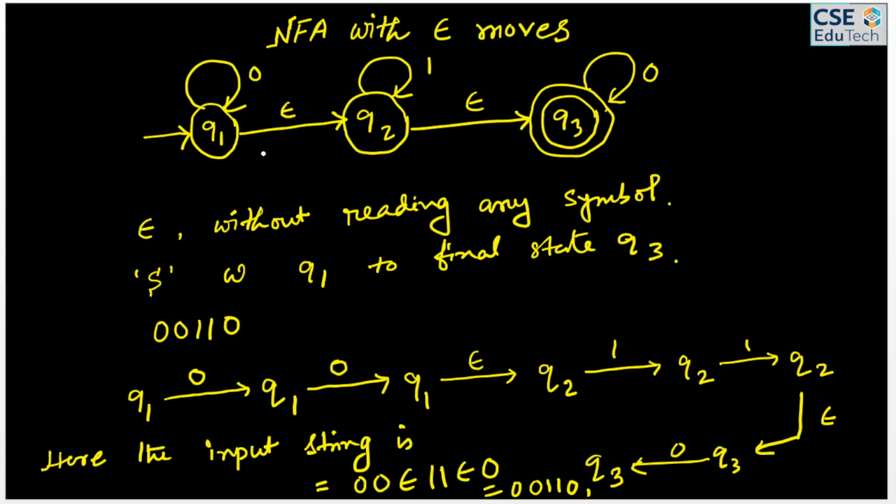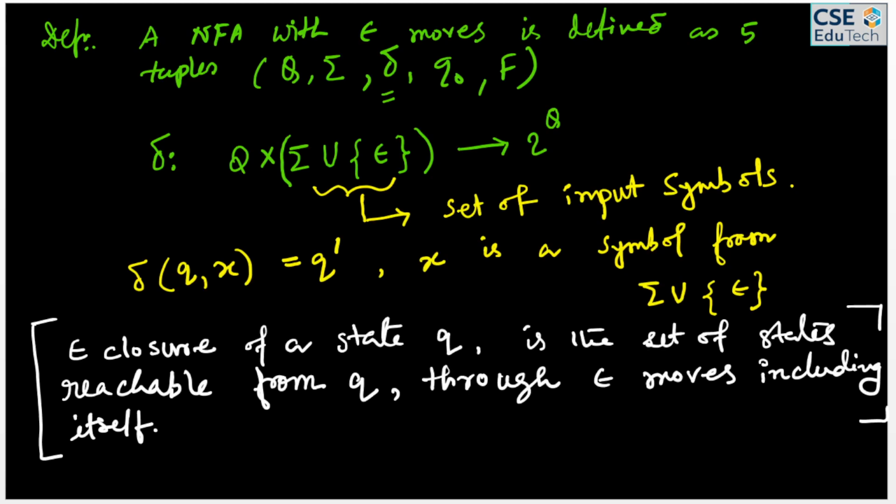Now, in this diagram, the epsilon closure of Q1 is equal to, what is the definition?